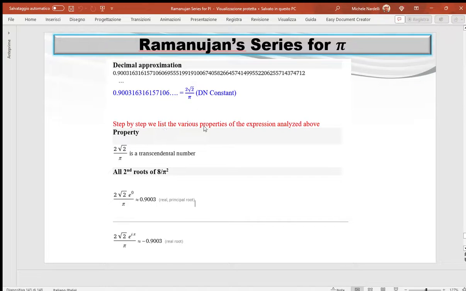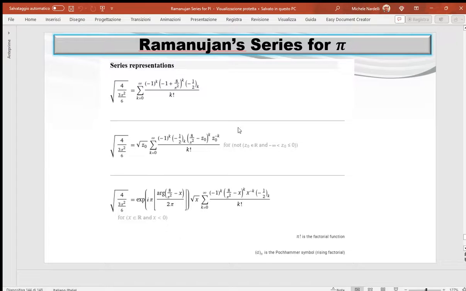Also here we list the various properties of the expression analyzed, practically the Del Gaudio-Ardeli constant is a transcendental number. This is of roots, and this is the series representations.